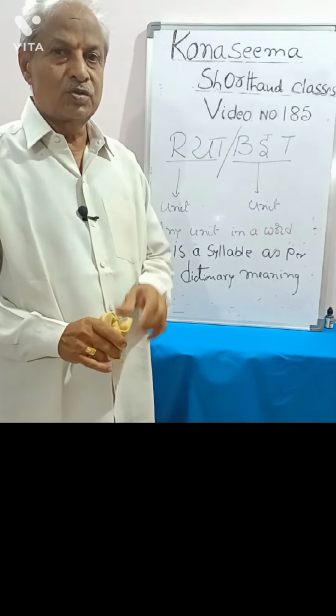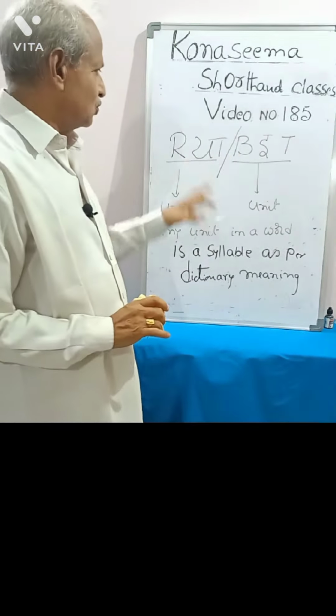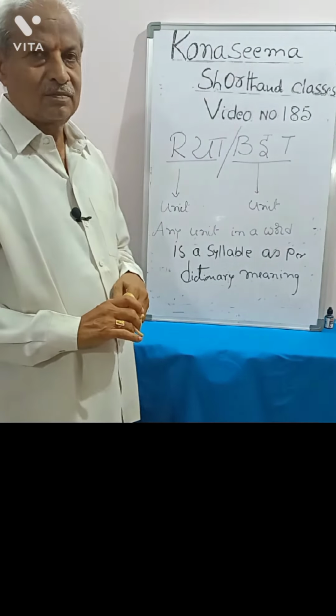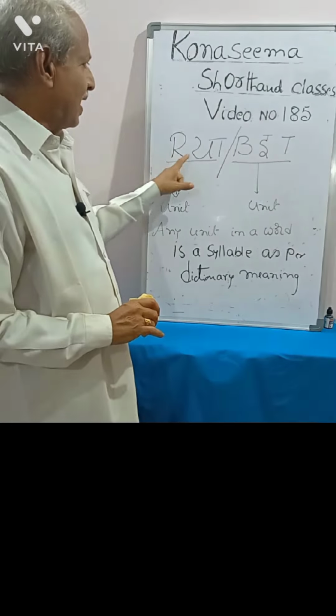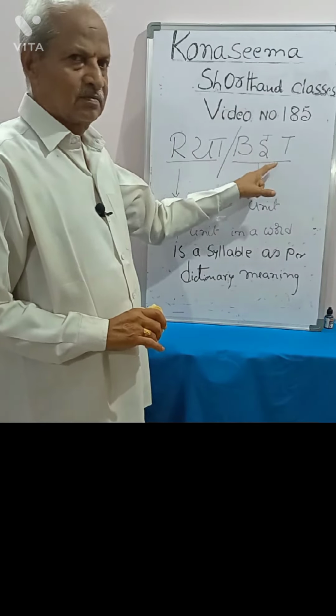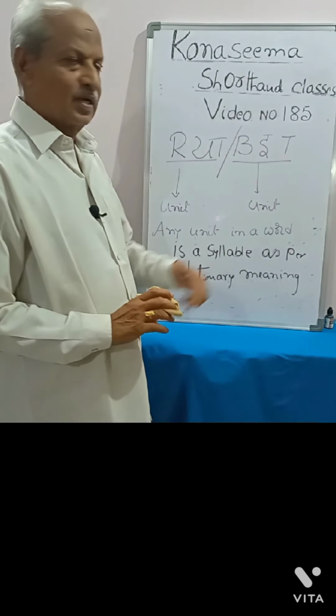Now you see the word rabbit. In this rabbit, there are 2 units. One is ra and another is bit. This is one unit and this is another unit.